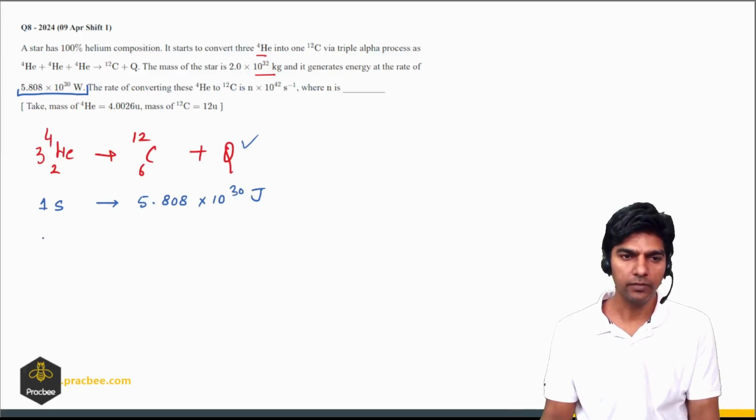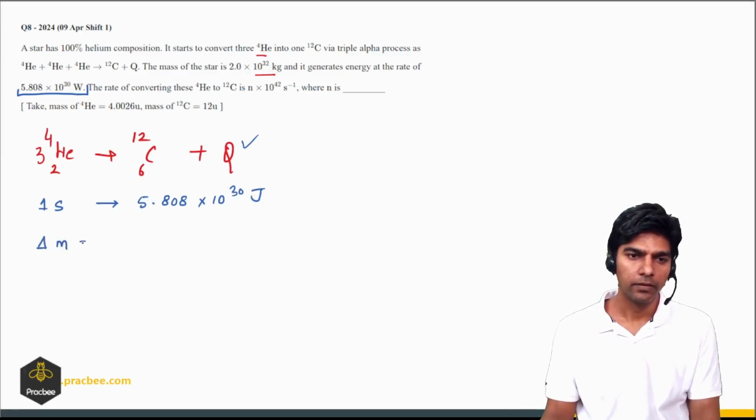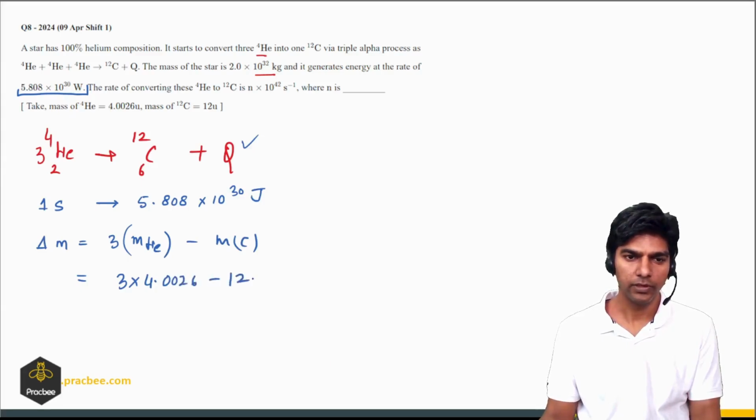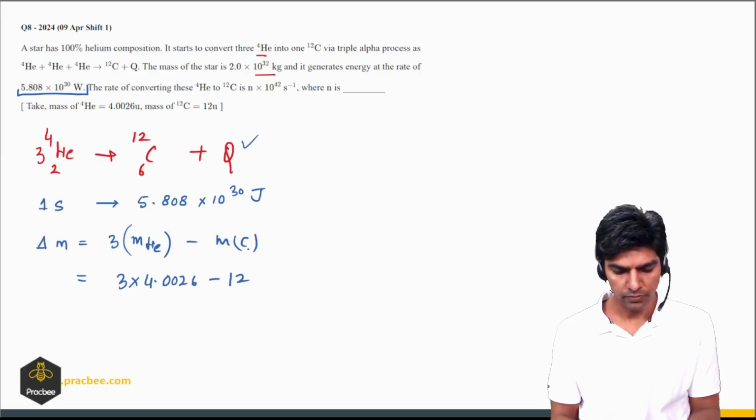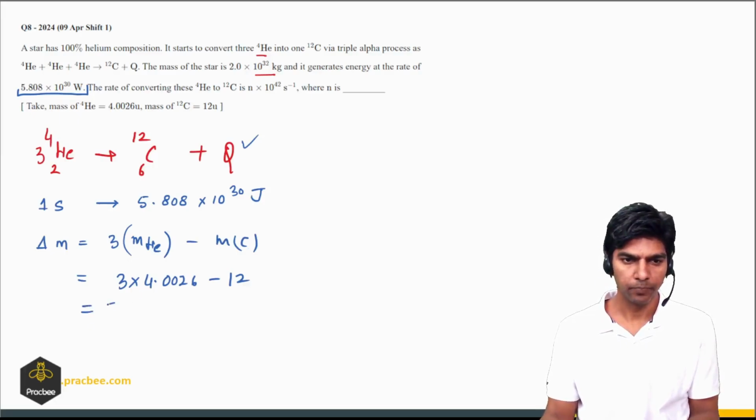So let us first find the mass defect. The mass defect will be 3 times the mass of helium minus the mass of carbon. So that will be 3 times 4.0026 minus 12. It comes out to be 7.8 into 10 raised to power minus 3.